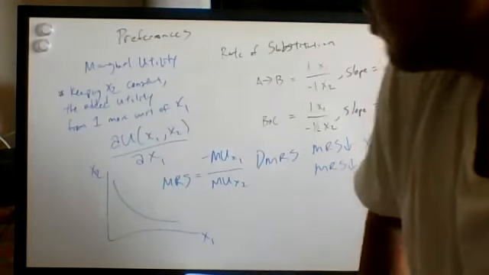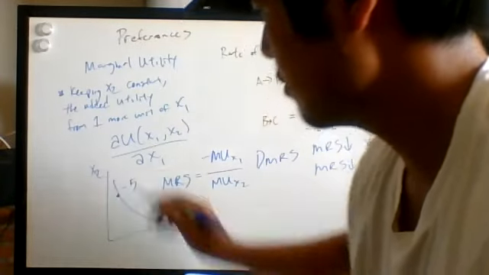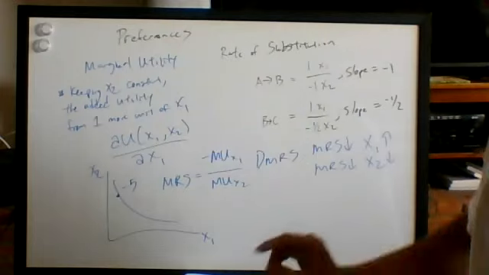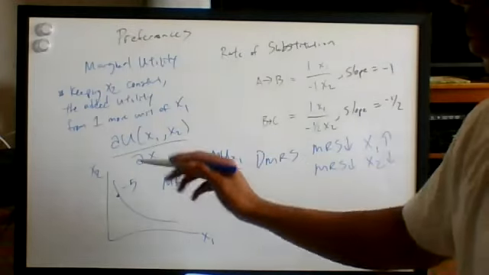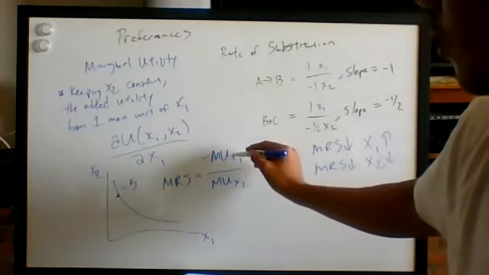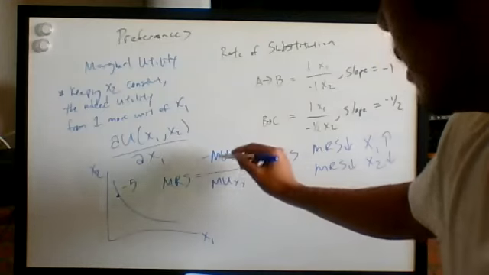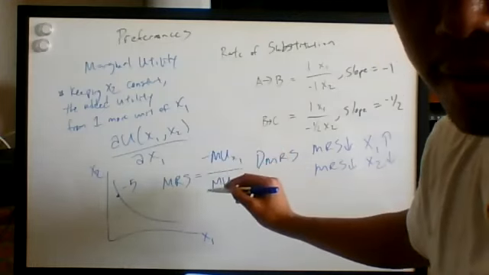Say that my MRS at this point right here is -5, right? When my MRS is -5, that means that the ratio between the marginal utility of good 1 over the marginal utility of good 2 is -5 to 1, right?